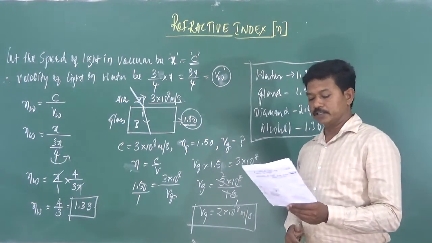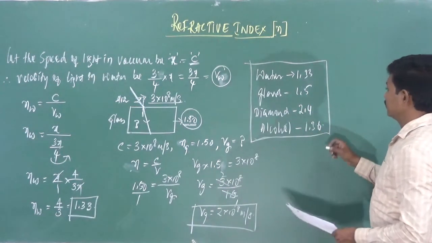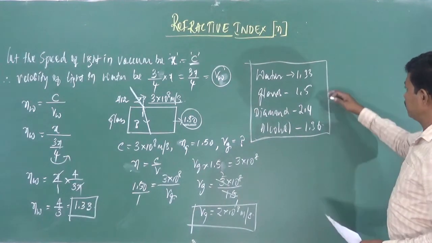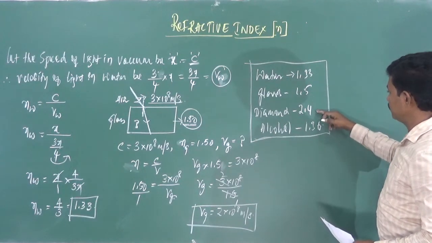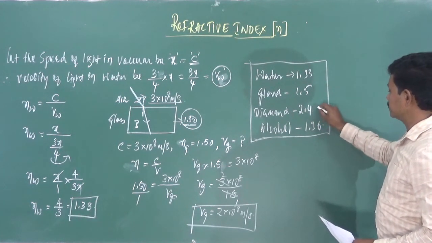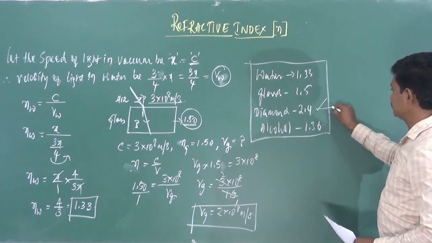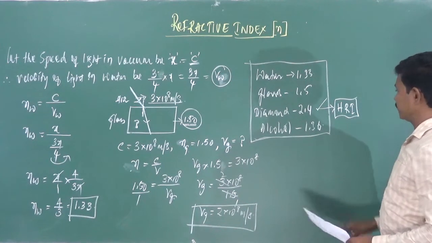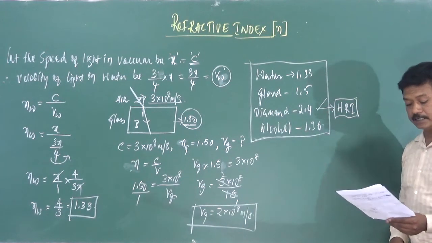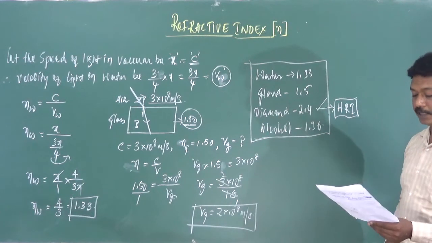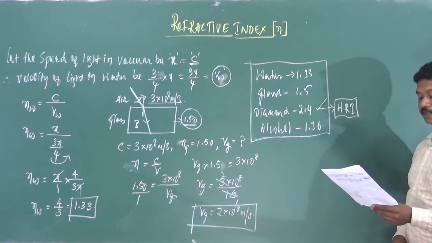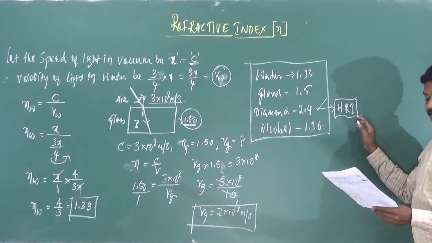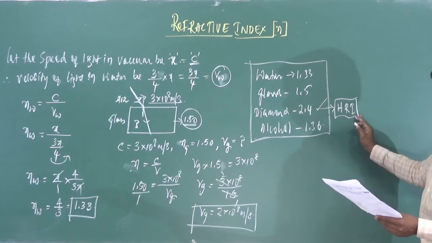Here, the highest optical density is for diamond, because when you compare all the 4, 1.33, 1.5, 2.4 and 1.36, diamond has the highest refractive index. A substance having the highest refractive index will have the highest optical density. He has asked you to compare the optical density.